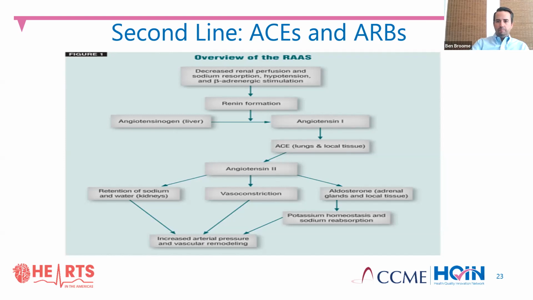And then I'll mention further slide, but while I got it up, our MRAs, or mineralocorticoid receptor antagonists, so spironolactone, eplerenone, things like that, work to directly block the aldosterone effects that this pathway produces.